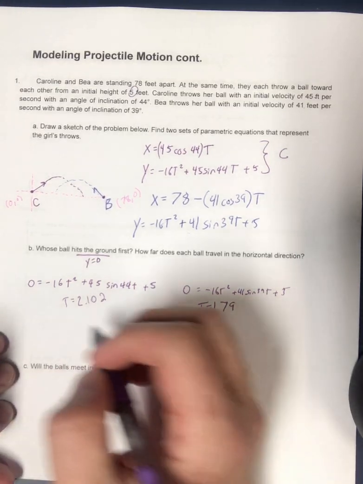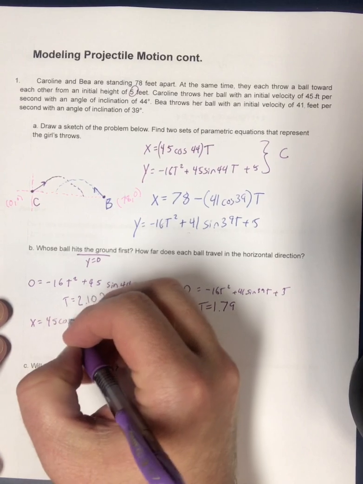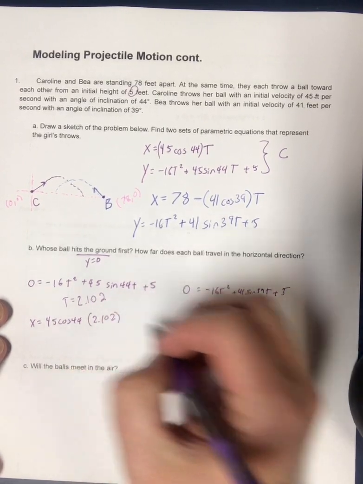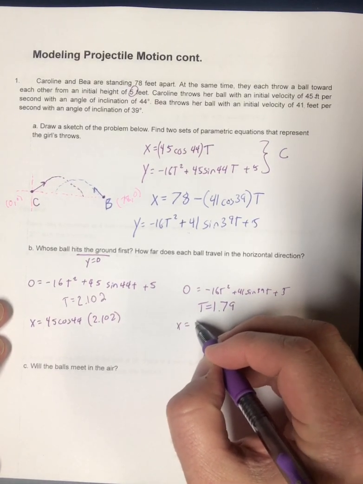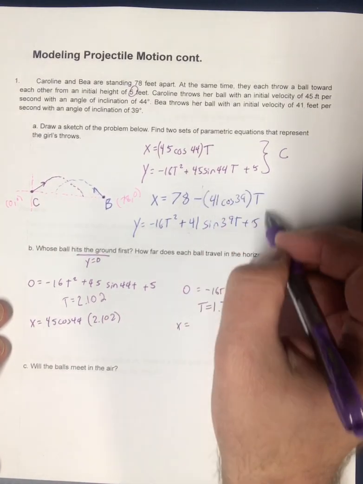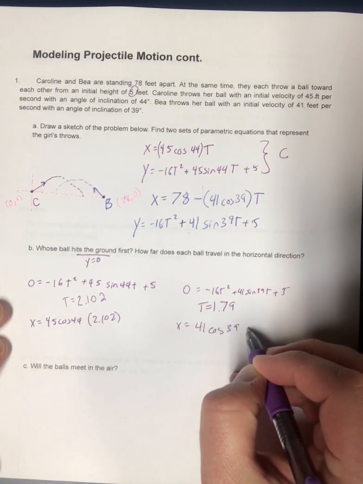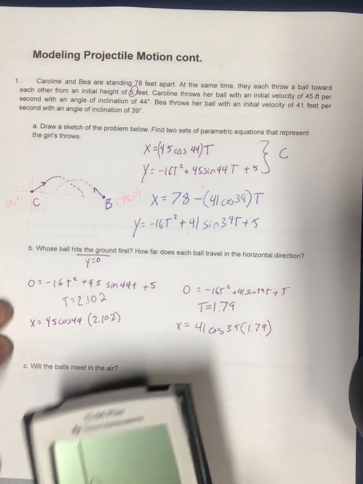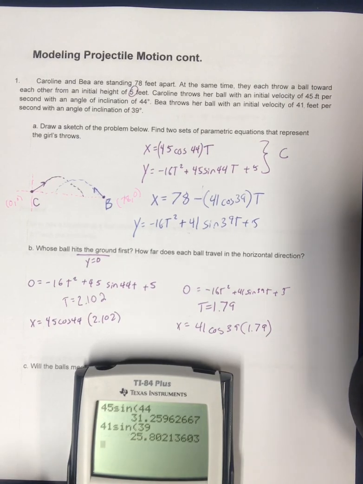Let's find out. So x equals 45 cosine 44 times 2.102. And then over here, we'll just do this part of it because that's the distance. 41 cosine 39 times 1.79. Okay.